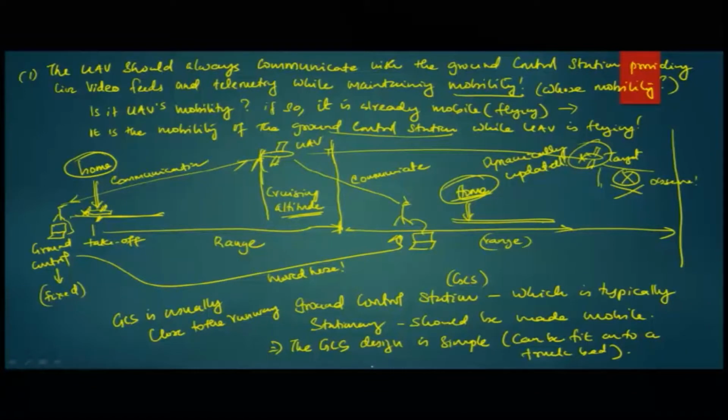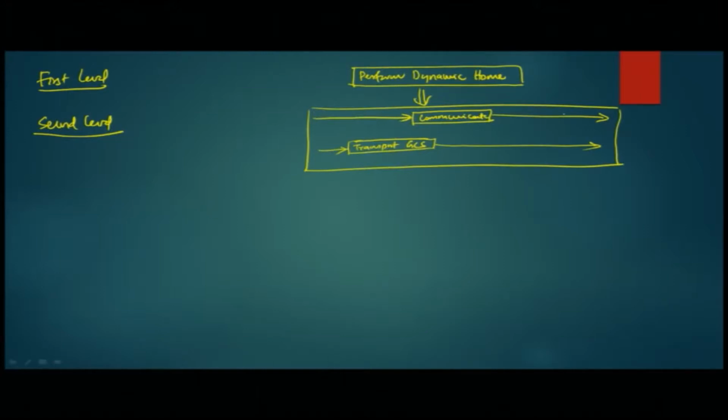The UAV will continue to communicate throughout this process. This is where another tool called the timeline is important, because this is where the cruise altitude is reached. Then you transport the GCS, the UAV still remains in communication, you set up at the new location, and the UAV continues to perform the mission.